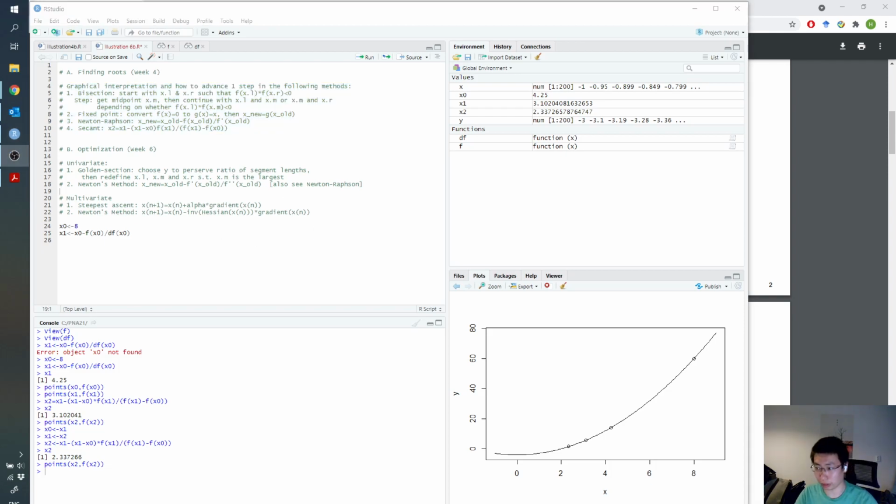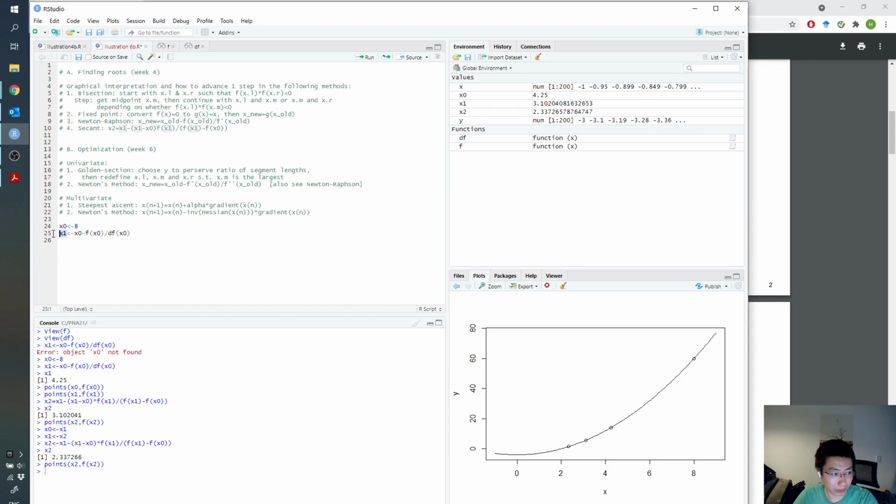Okay, so now we can also have a look at what happens if we try to optimize this function. So now I'm going to look at this method, for example. So this is a univariate case, right? So I can look at this univariate example. Again, I'm going to say that my x old is going to be 8.